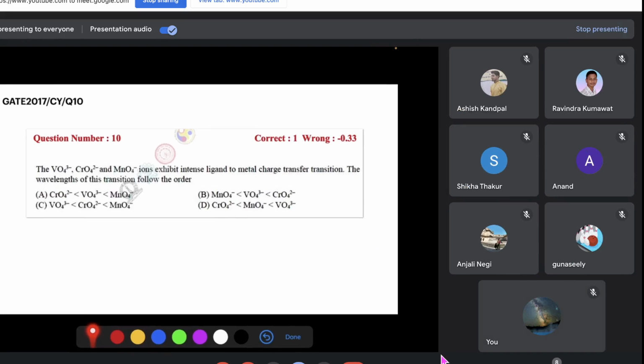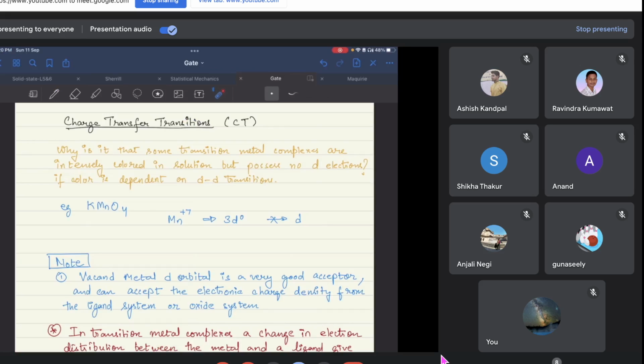Before that, let's move into some basics. The charge transfer transition is denoted as CT. The question is why some transition metal complexes are intensely colored in solution but possess no d electron? We know there is a possibility of d-d transition and it shows color in the complex.